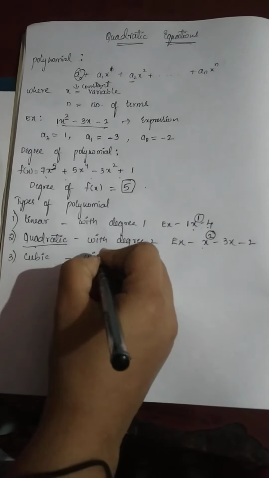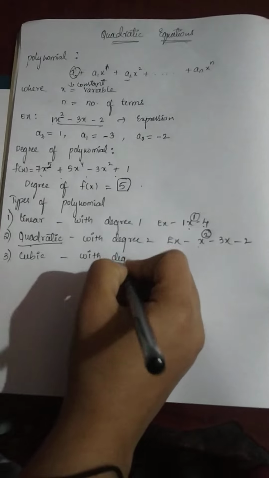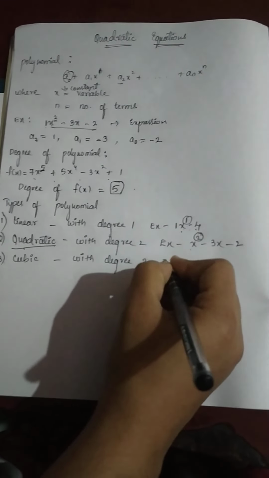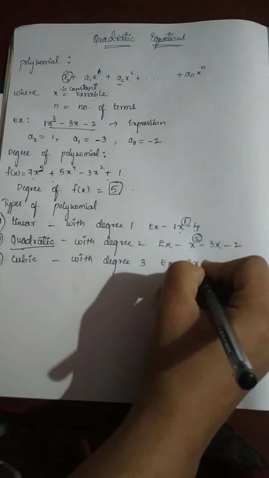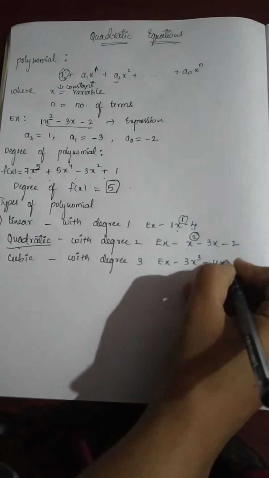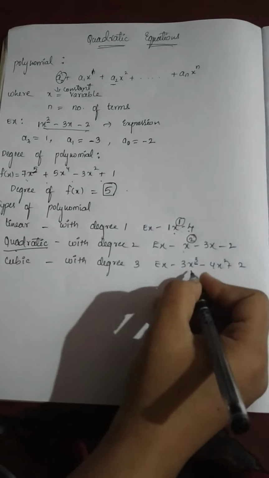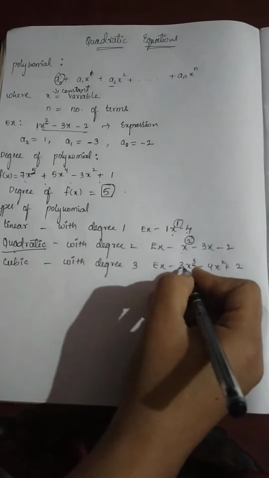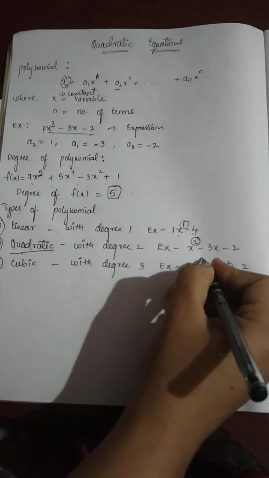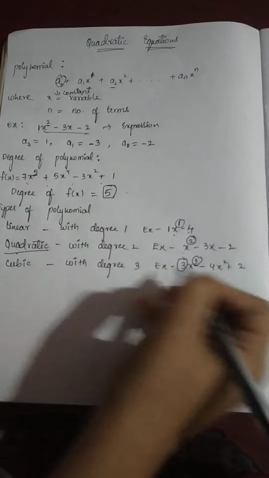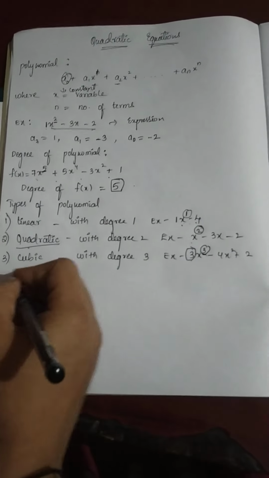Cubic means the highest power should be 3, right? 3x cube minus 4x square plus 2, right? So highest degree is 3. Don't get confused with this 3 and this 3, right? Power should be 3, not this coefficient, okay, right?